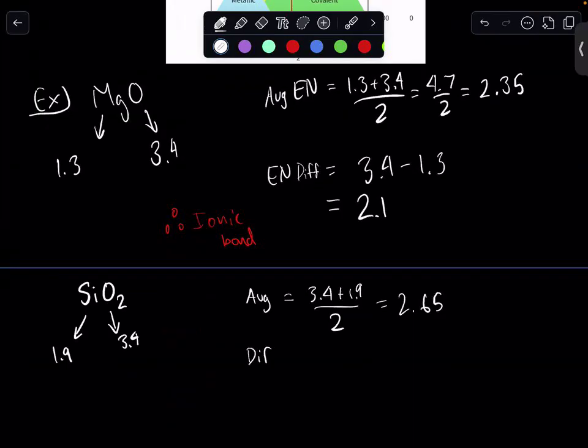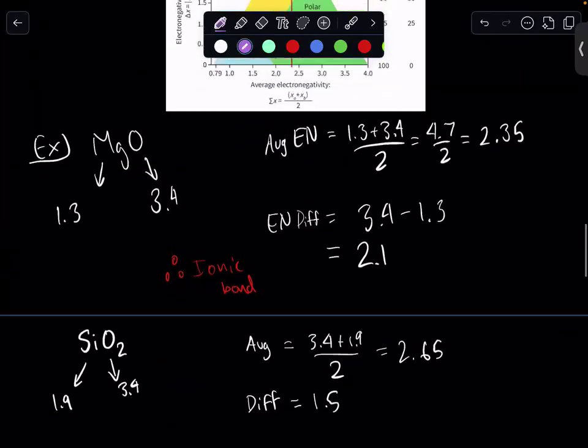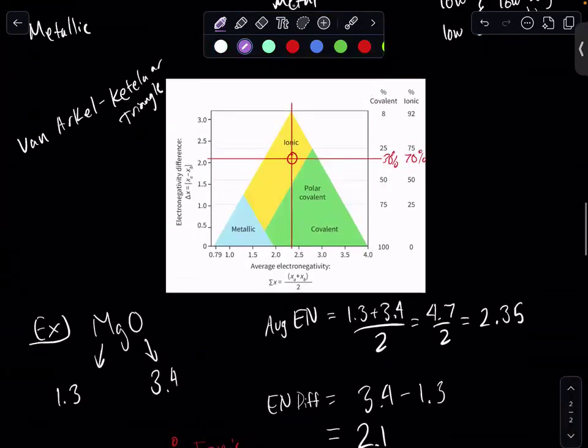And our difference is just going to be 1.5. I'm just speeding the math up here. And so with silicon dioxide, we can make our new lines. So 2.65 and 1.5.